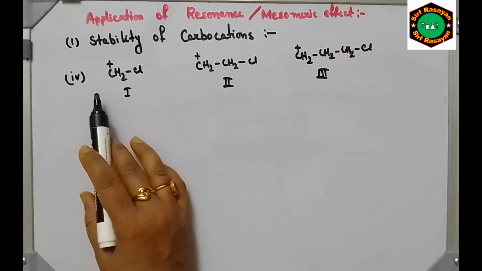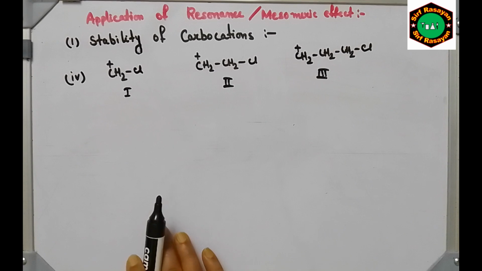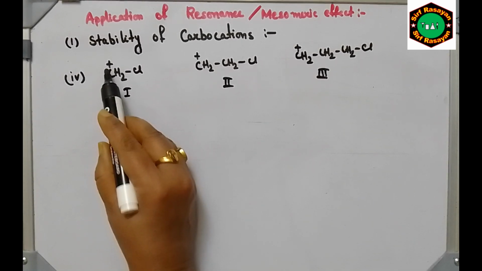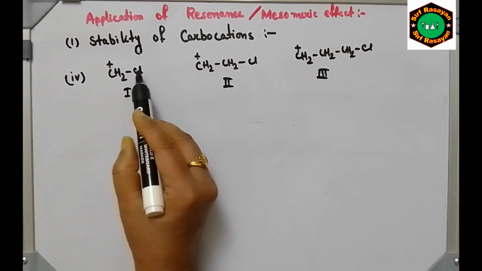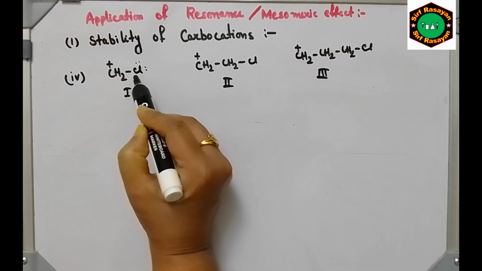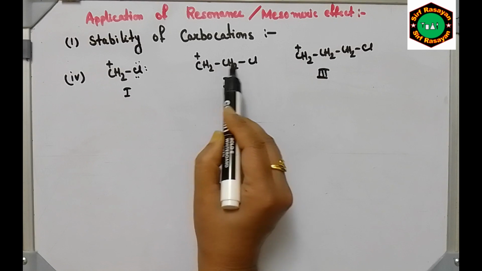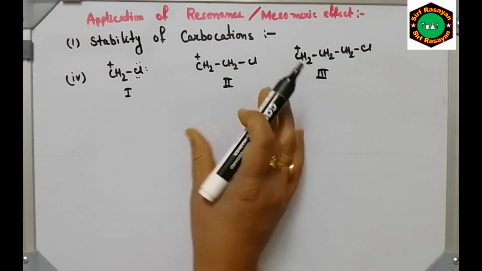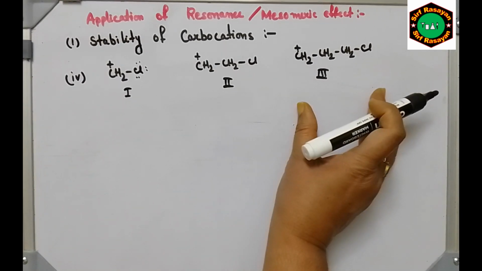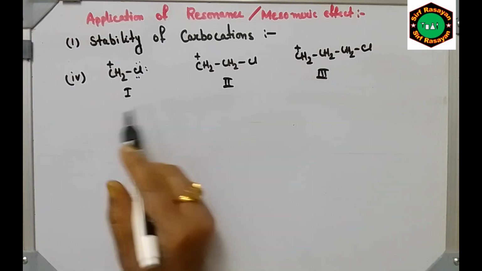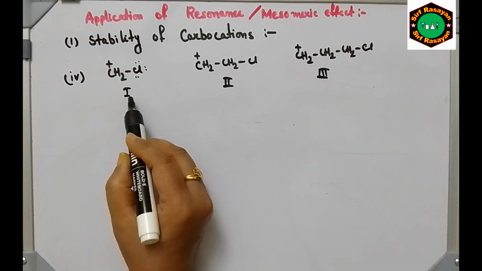What is about the stability order of these 3 carbocations? Here positive charge, single bond, then lone pair. So they are in conjugation. Positive charge, single bond, then lone pair. So here no conjugation. Here also no conjugation. So this one is most stable due to resonance.